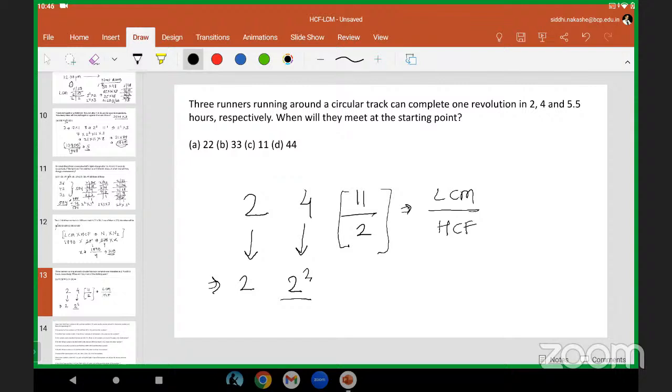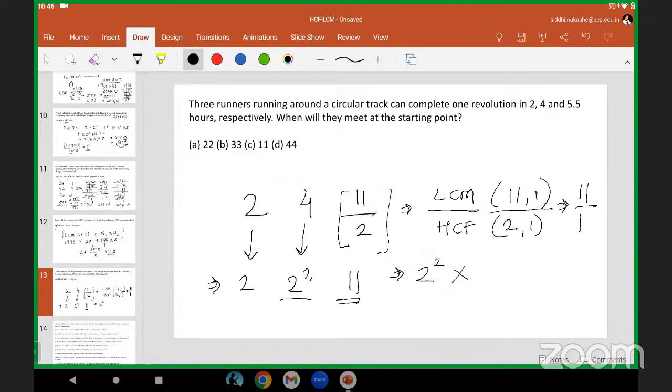If you look at these numbers carefully, there are two numbers we can consider, 11 and 1, and 2 and 1. The LCM of the numerators will be 11, and the HCF of the denominators, 2 and 1, is 1. So we select 11. Now again unique numbers with highest power, that is 2 raised to 2 into 11. So 4 into 11 is 44.